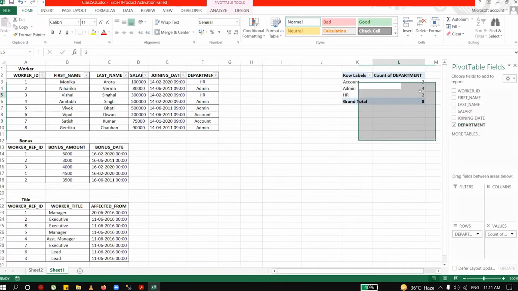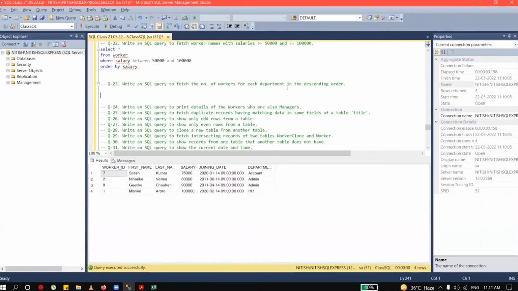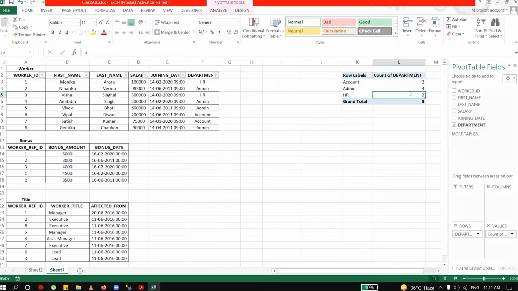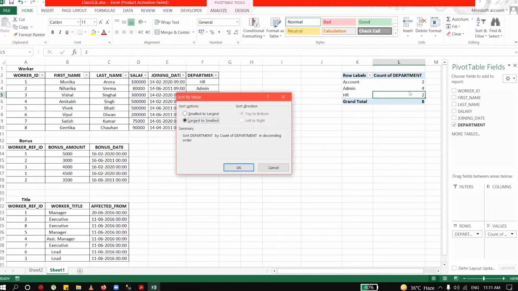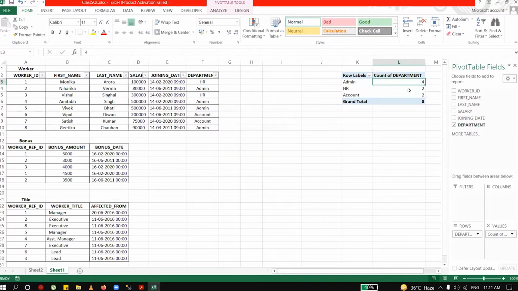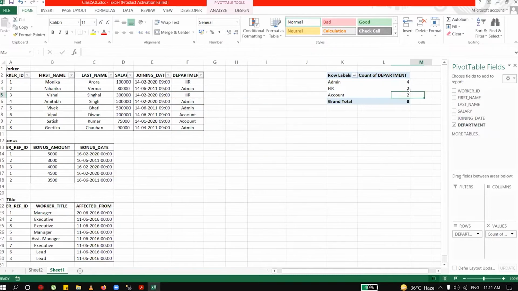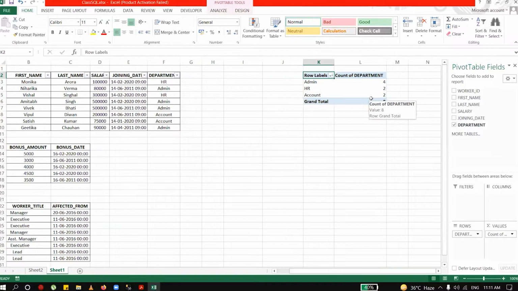You can see this is the answer we are looking for. The next phase of the answer is in descending order, so called largest to smallest. Admin, HR, account. We are looking to do a group by over here to get this answer.